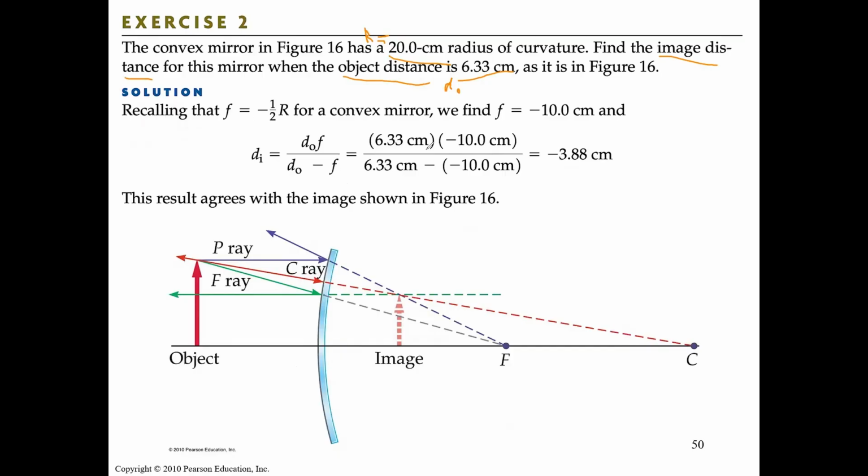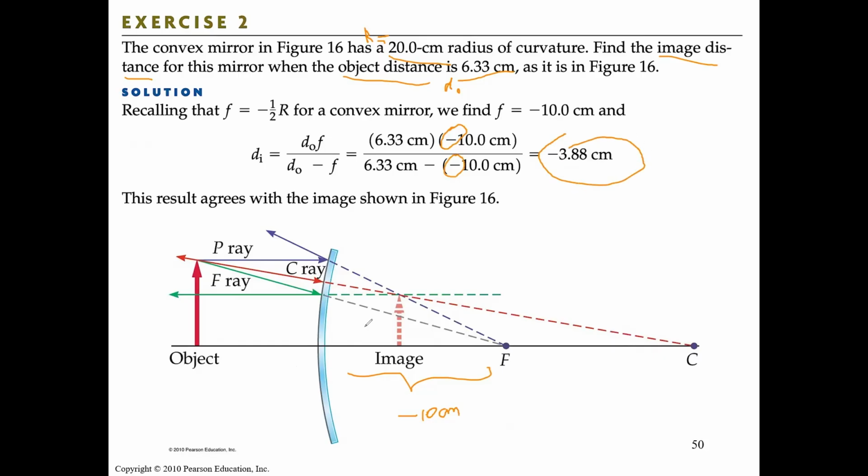Okay, so we plug all the numbers in. Remember, you have a convex mirror. So for convex mirror, the focal length is minus, right? It's minus 10 centimeters, minus half R. So you plug in this minus 10 into here, you find out that DI is actually minus 3.88.